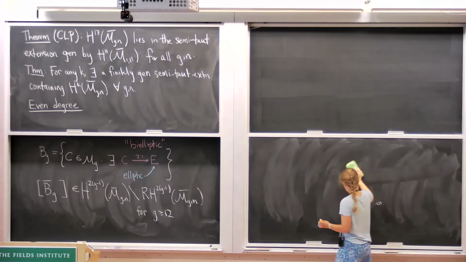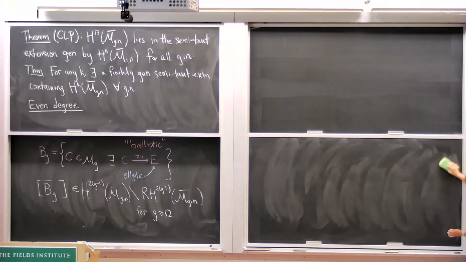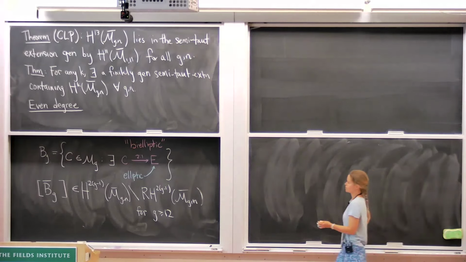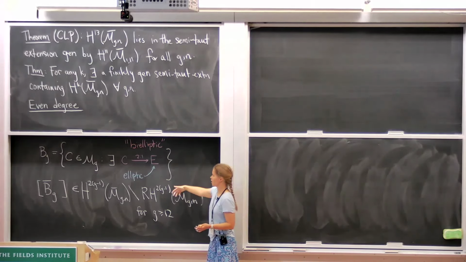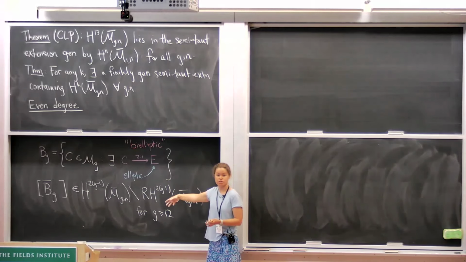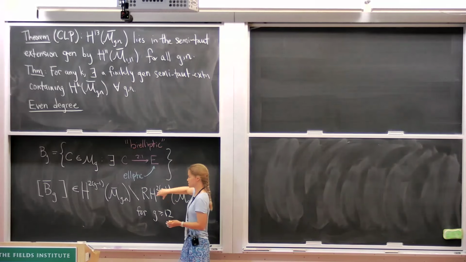And we have some reason to believe that these might be the first examples of non-tautological classes in even degrees, so the ones occurring in lowest even degree.